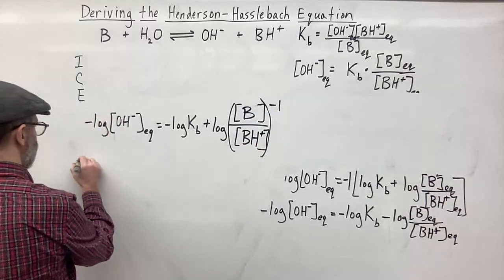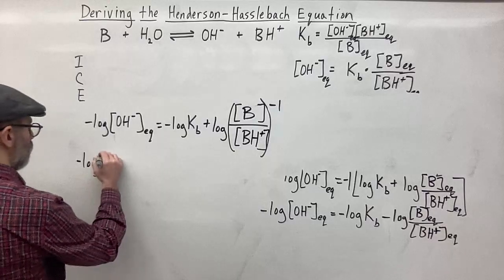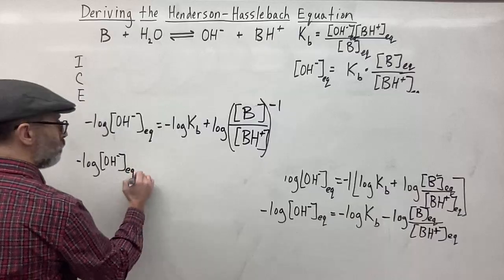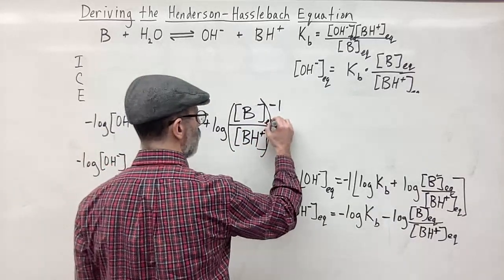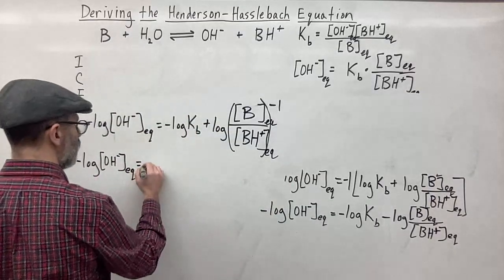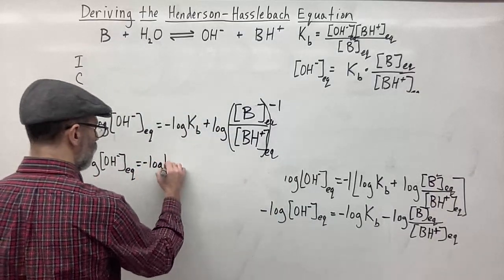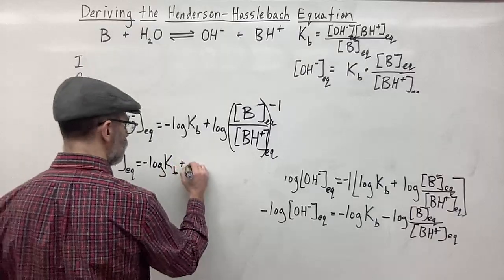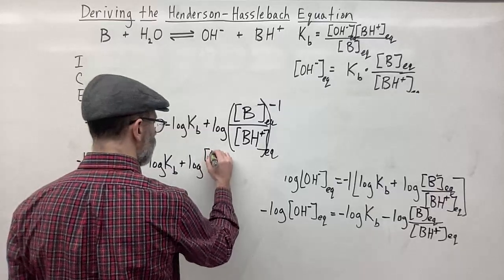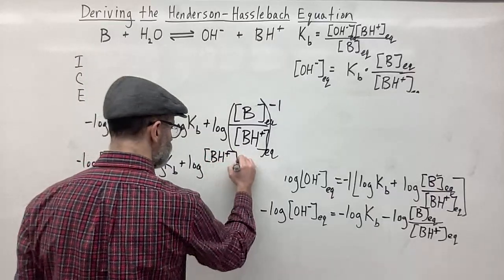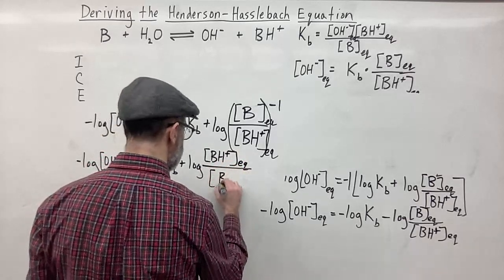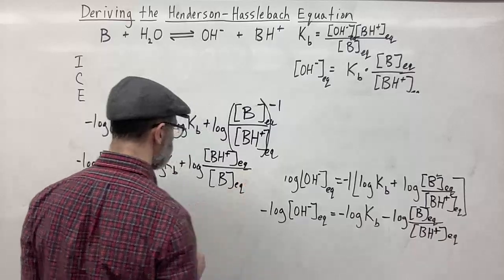So then now I have the negative log of OH minus concentration at equilibrium. Oh, by the way, these should be at equilibrium again. I keep forgetting these are at equilibrium. That's going to be equal to the negative log of Kb plus the log of the concentration of BH plus at equilibrium over the concentration of B at equilibrium.